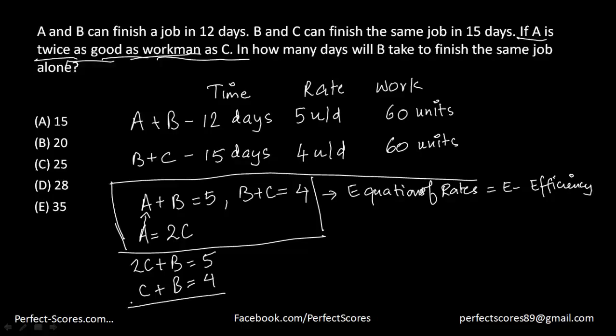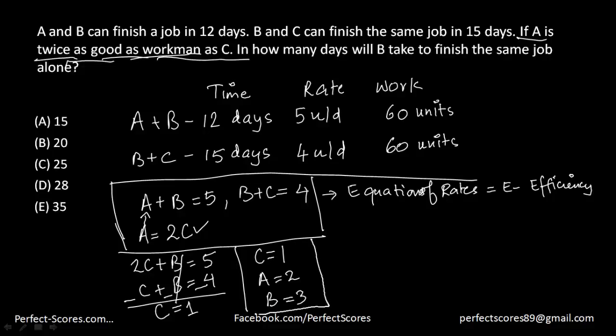If I subtract both the equations, I will get C equal to 1. If C is equal to 1 and A is equal to 2C, then A would be equal to 2. Now if A is equal to 2 and A plus B is 5, that means B would be equal to 3. Right? So we have calculated all the figures here.